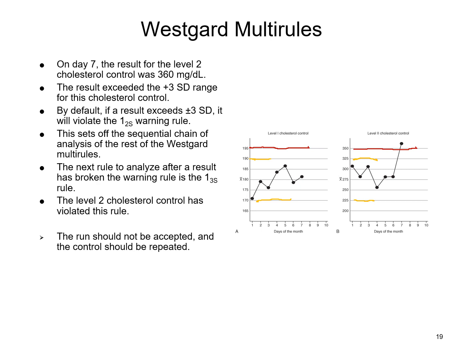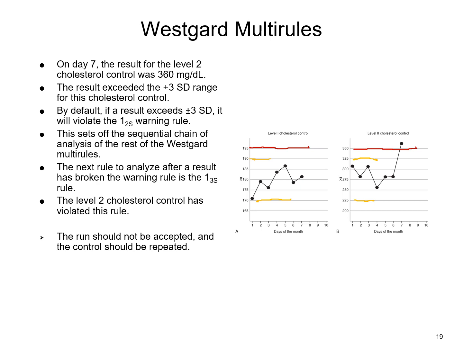Of course, first we look at our 1-2S. Do we have one value, we're looking at day 7, that is outside of 2 standard deviations? Why, yes, we do. On our level 2 cholesterol control, we've got one that's surpassed the 3 standard deviations. So because of that, we would automatically reject.